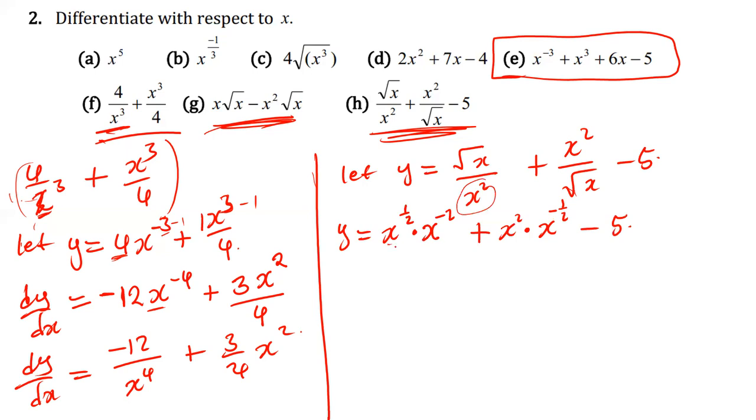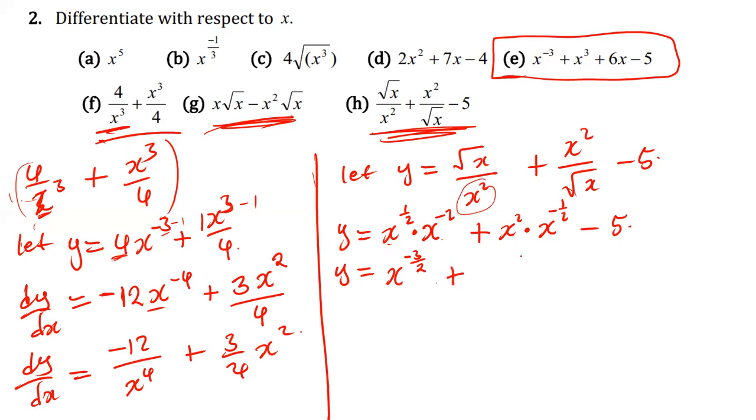So when you are multiplying two numbers with the same base, you simply add the powers. So when you add half minus 2, you're going to get negative 3 over 2. So you can solve the fraction.